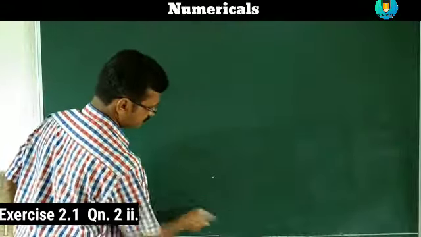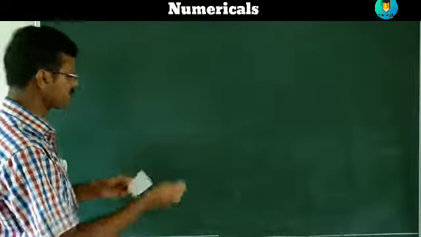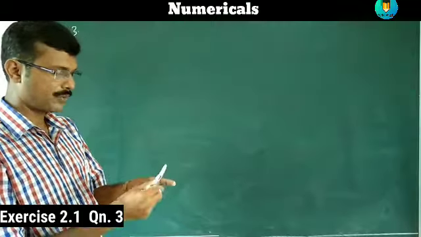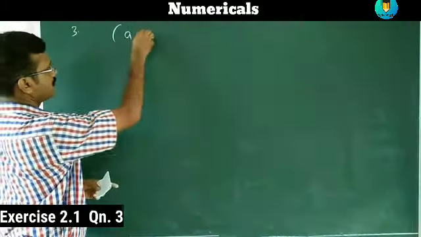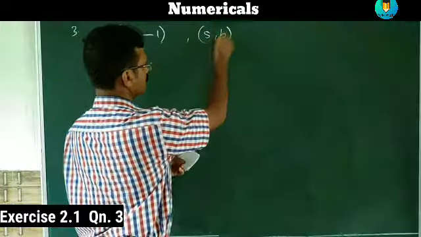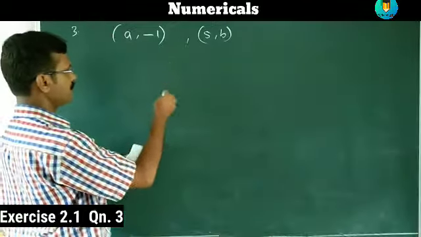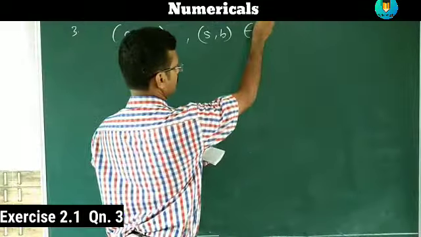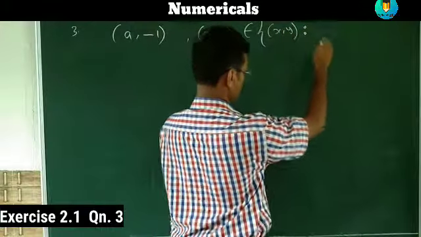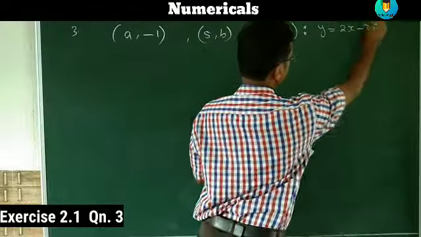Now we will go to another sum. Question number 3 we will do. The question is: given the ordered pairs (a, -1) and (5, b), these two ordered pairs belong to the set of (x, y) such that y is equal to 2x - 3.